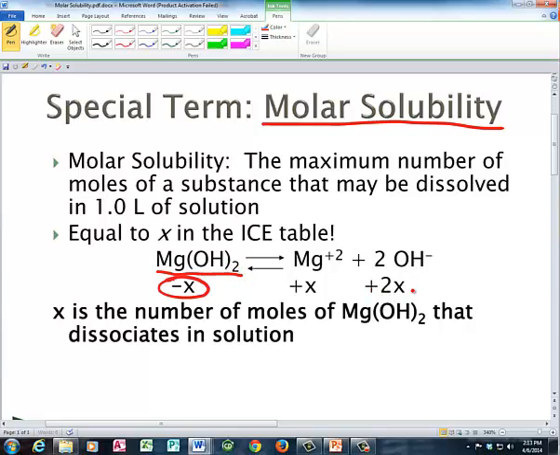So that is going to be 2X. At equilibrium, the value of X is the number of moles of magnesium hydroxide that dissociates. It's the molar solubility. Molar solubility is always equal to X from the ICE table.